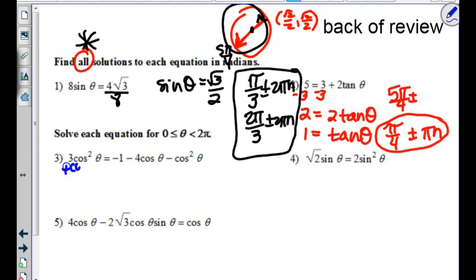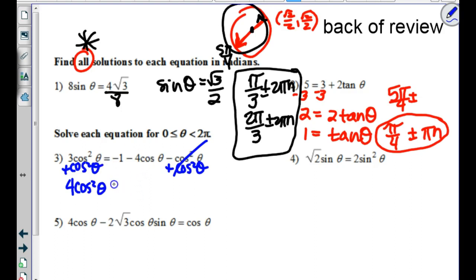Yeah, if we add that cosine squared over here, we'd now have 4 cosine squared. I'm thinking it's going to need to be factored maybe, so we have to make it what? Can only factor when it equals 0.